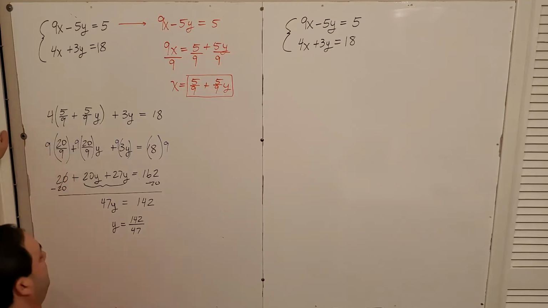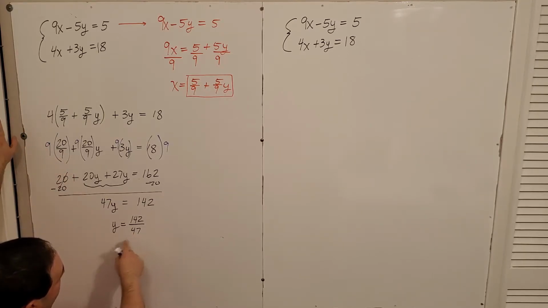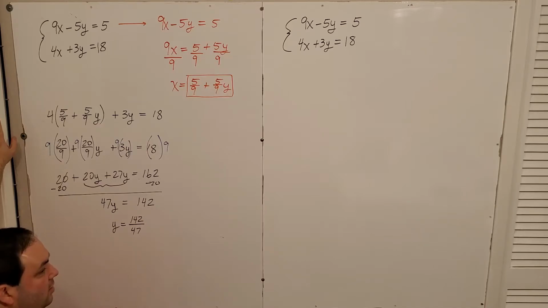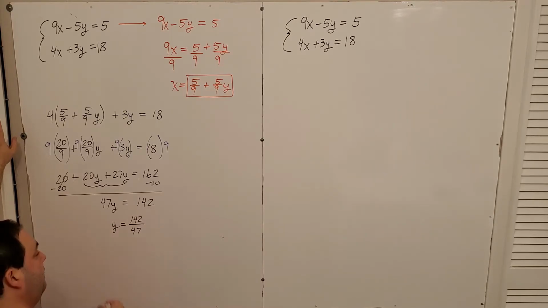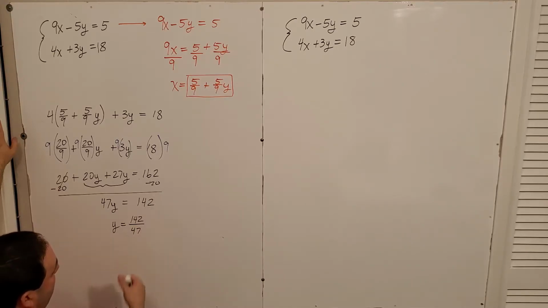Now let's think. 47. It's not divisible by 3 because 4 plus 7 is 11. It means it's also not divisible by 9 or 6. It's not even, so it's not divisible by 2 or 4 or 8 or 10 or anything like that. The square root is close to 7, so it would have to be something less than 7. And we've already gone through the whole list. 7 doesn't go into it either.